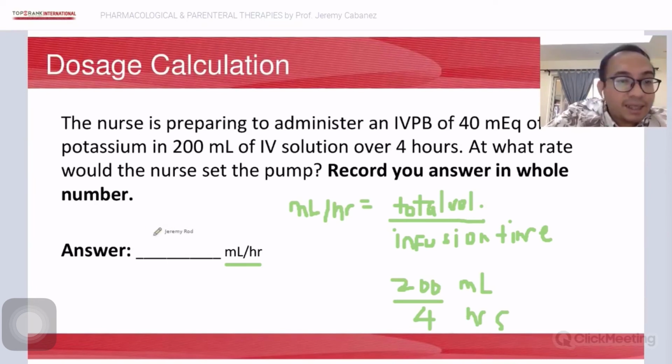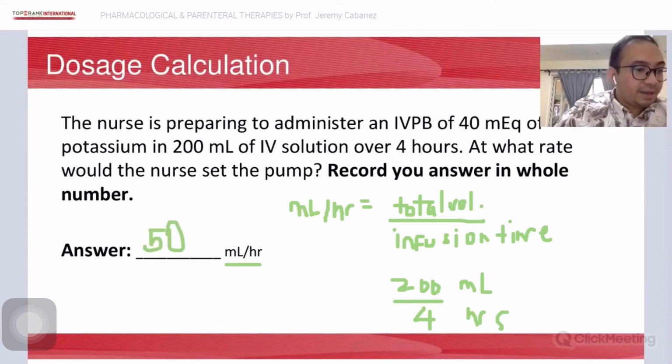Anong hinihingi sa atin? The correct answer is, very good, lovely, 50. The correct answer, Mary Allen, yes, the correct answer is 50. Kath, yes, that's 50. Very good. Nia, 50. Okay, congratulations. Jeannie, 50. Ayan, sige. Heidi, 50 ml per hour. Very good. Sol, okay, sige.